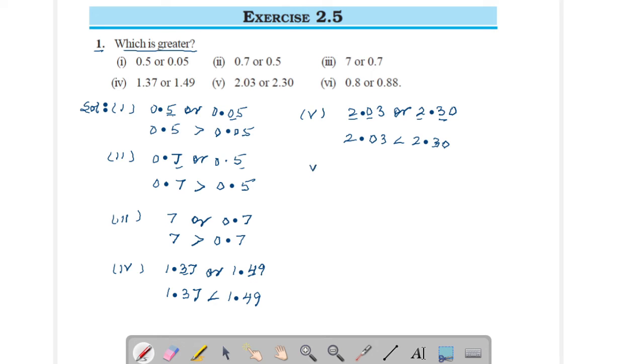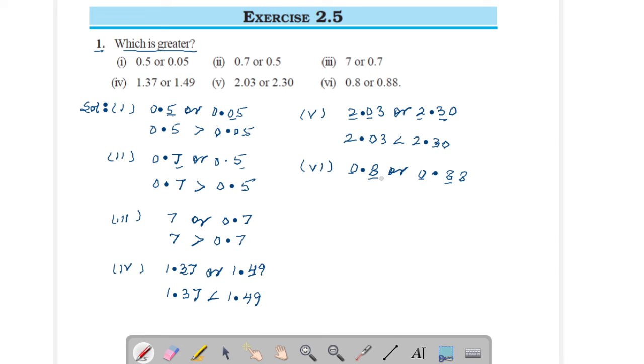Now come to sixth part. It is 0.8 or 0.88. Again start comparing both decimals from ones place. Here it is 0, here again it is 0, both are same. After decimal, tenth place, here it is 8 and here it is also 8, both are same.